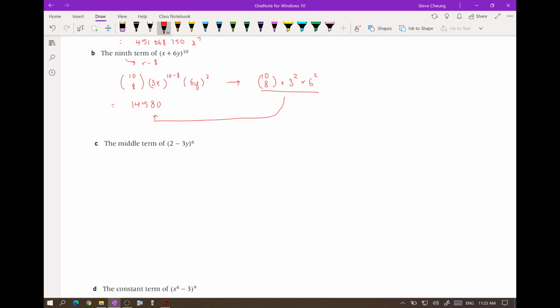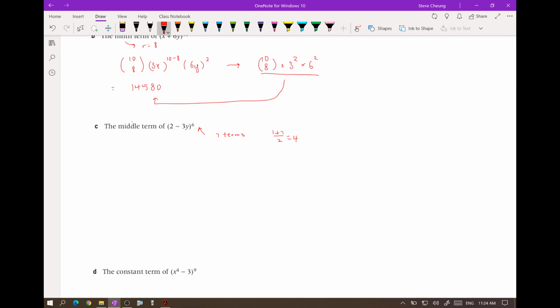Here, the middle term is implying that, well, first of all, there are 7 terms here. So that means the middle term must be the fourth term. So to get the fourth term, we can apply a similar way of thinking. That means r is going to be 1 less than that. So if r is 3, then we can write 6 choose 3 as the binomial coefficient, 2 as the first term, and then we want 6 take away 3 of those.